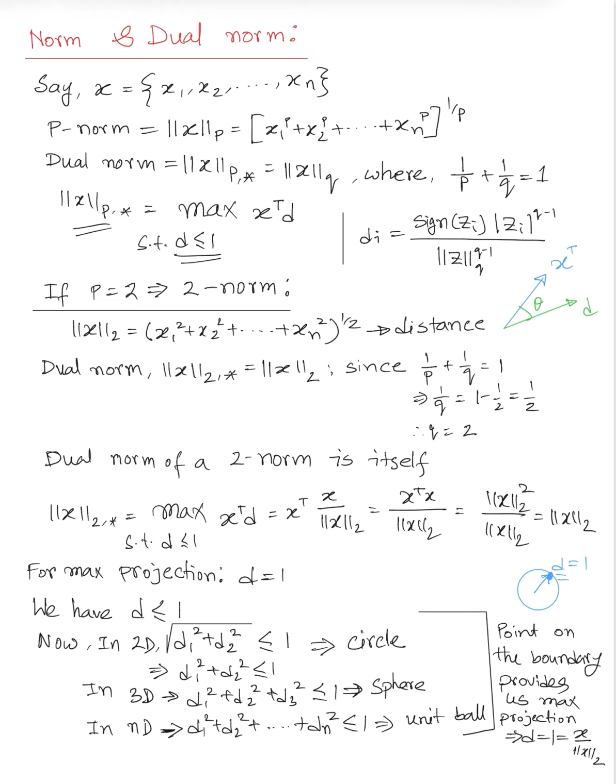So for maximizing this thing, we need to maximize d, which is nothing but 1. And when this happens, the angle between this one and this one is nothing but 0. So in that case, when the norm of d is equal to 1, we have maximum projection, and we have d equal to x over the 2-norm of x.